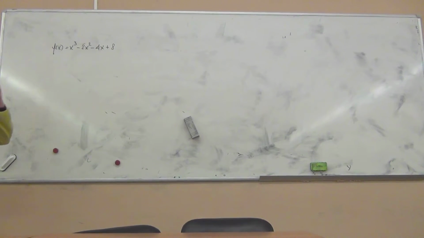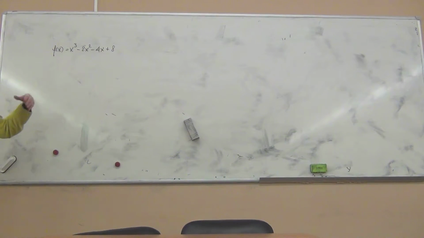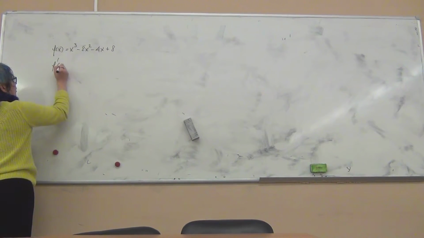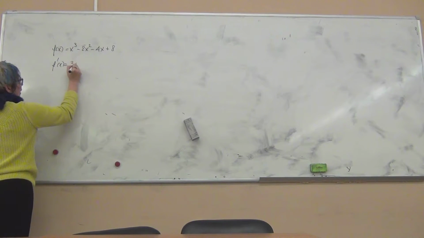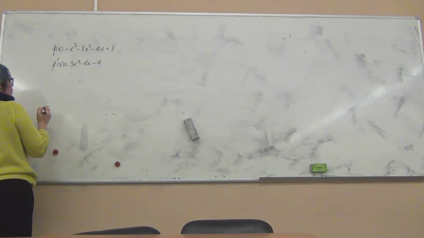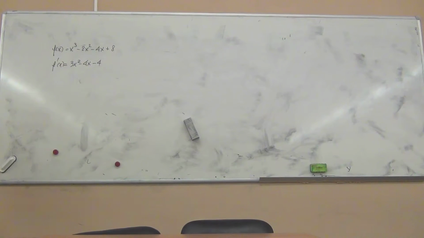To find the second derivative, obviously we have to find the first derivative. So the first derivative is 3x squared minus 4x minus 4. To investigate the shape of this, we would obviously need to find the potential minimum and maximum points. That's one thing that we should discover.